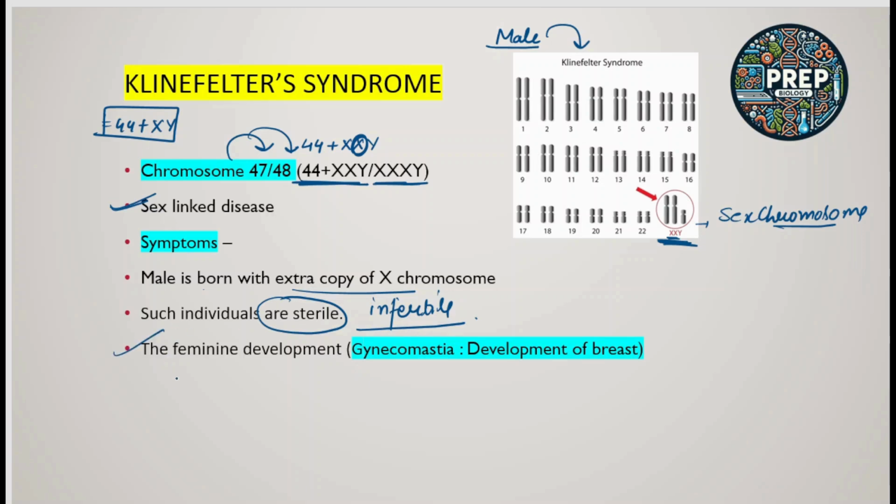These males have feminine development: girl-like characters, like gynecomastia. The development of breast is seen in Klinefelter syndrome males. They have underdeveloped testes and underdeveloped sex organs.